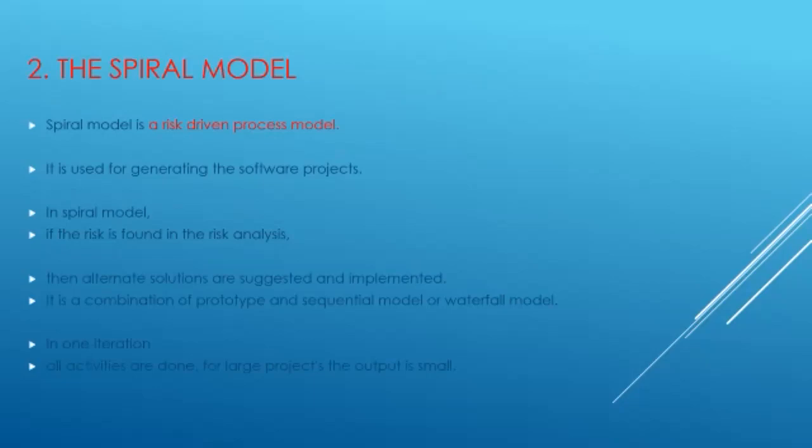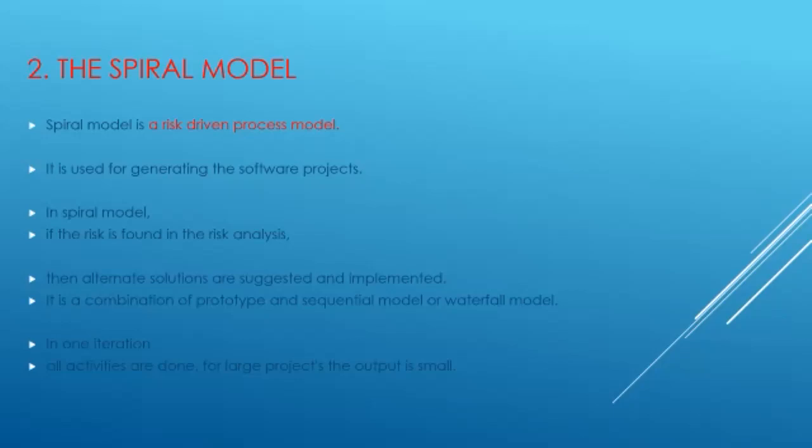Third one is the spiral model. Friends, spiral model is a risk-driven process model. It is used for generating the software projects.